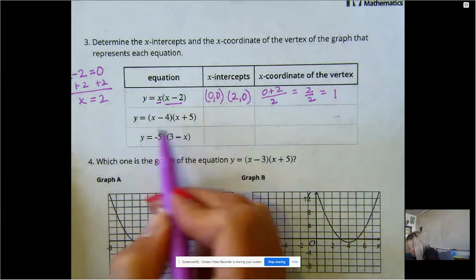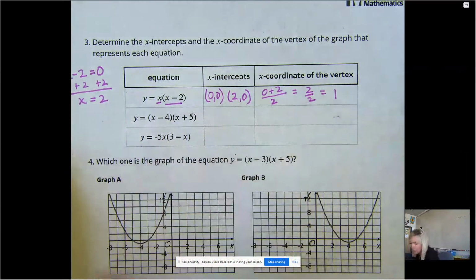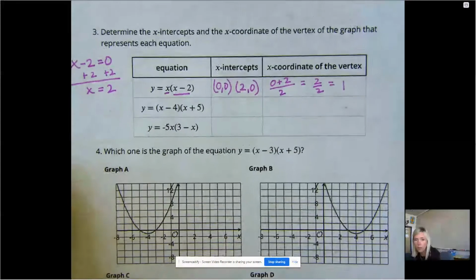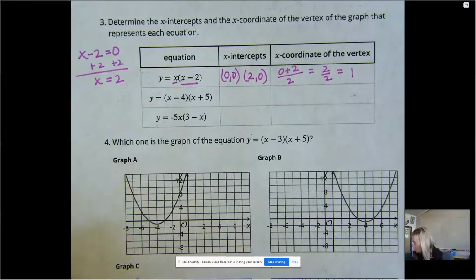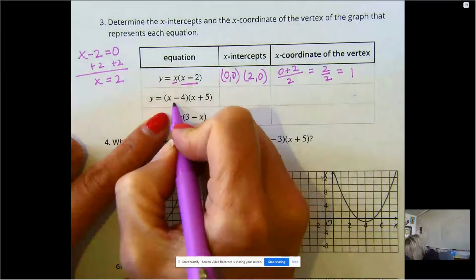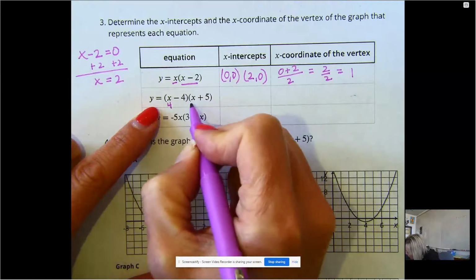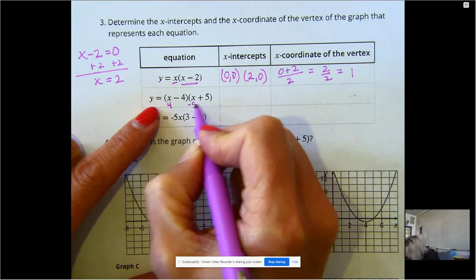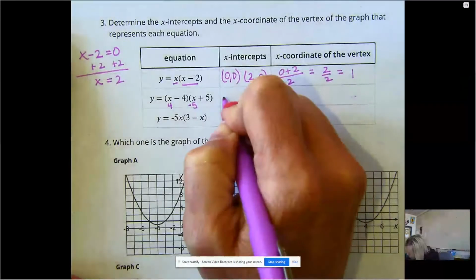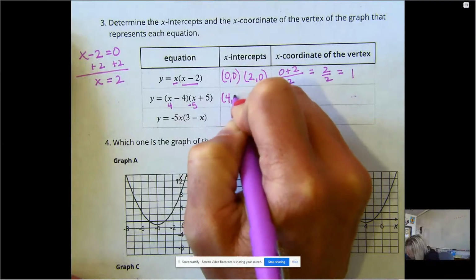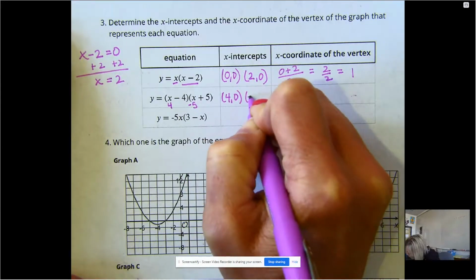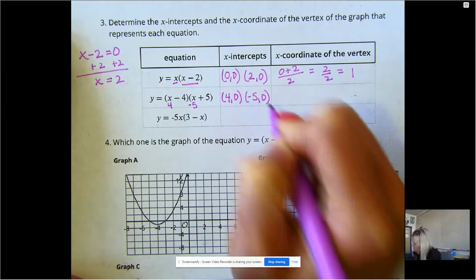Okay, so following the same idea that we've seen a lot now of finding those x-intercepts from factored form, I know if x is 4, that would be 0, and here if x is -5, that would be 0. So then our two x-intercepts are (4, 0) and (-5, 0).